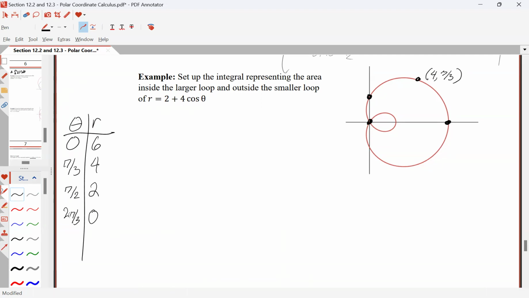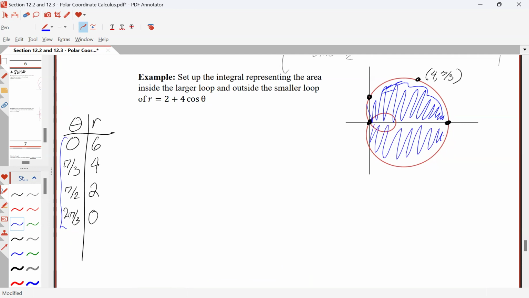So here is the first time we hit that 0. If we found the area from 0 to 2 pi over 3, we'd be finding this whole area above the x-axis. That means if I double that, it will be the whole area total.